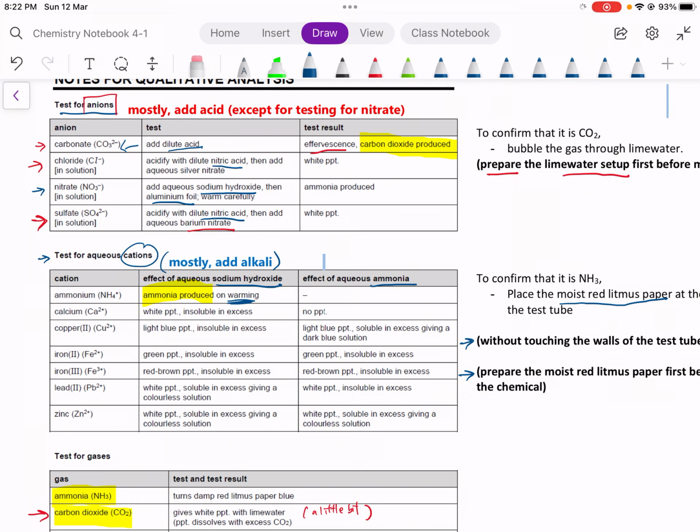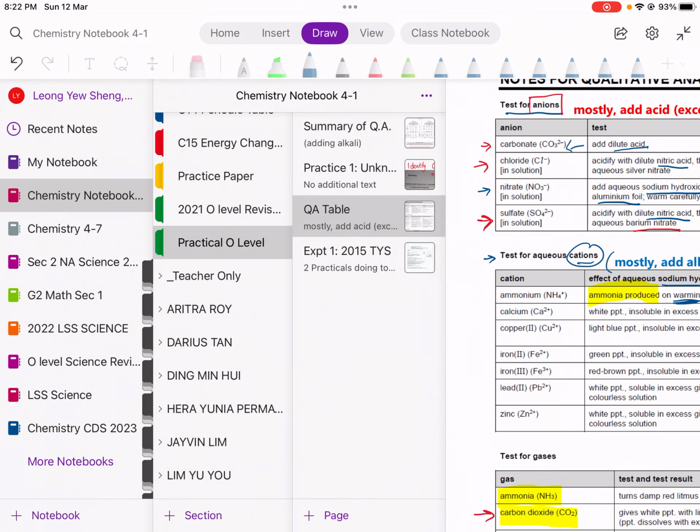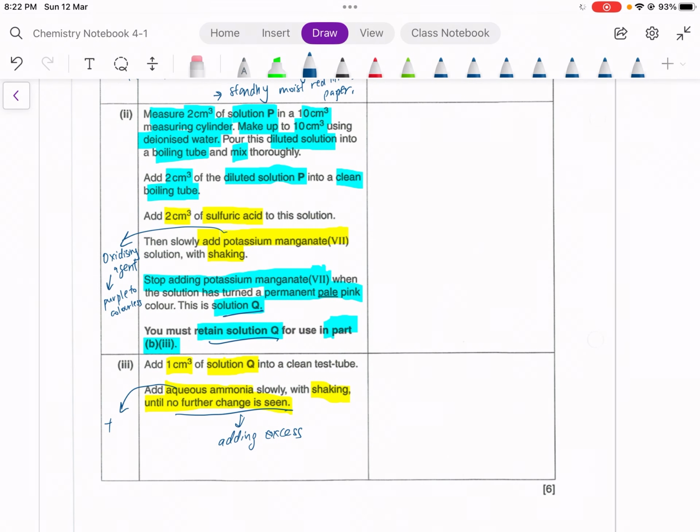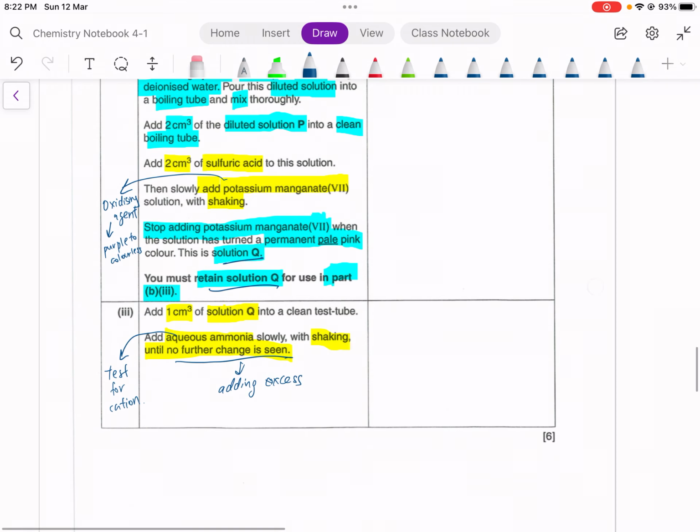So when it's aqueous ammonia, we are also testing for cation. So write down: test for cation. This is how you annotate your practical before you start the paper. Let's do this for every single practice and you'll definitely get the hang of it and score well for practical.